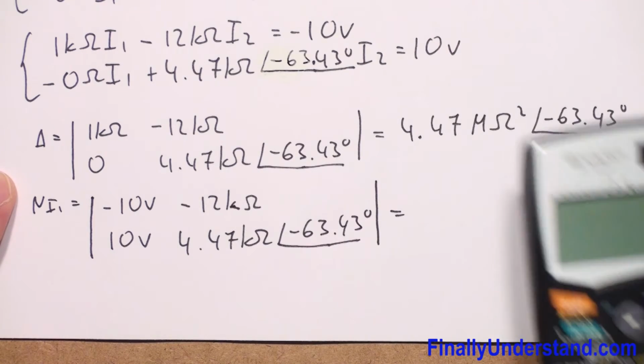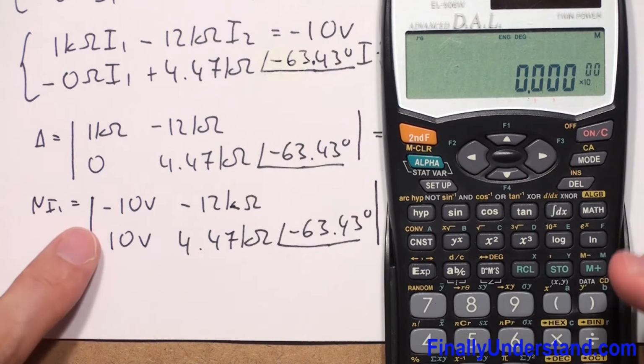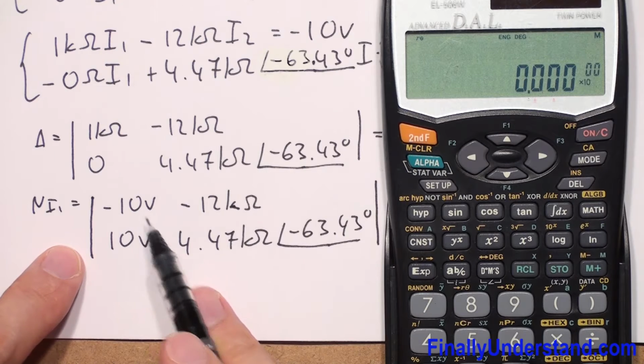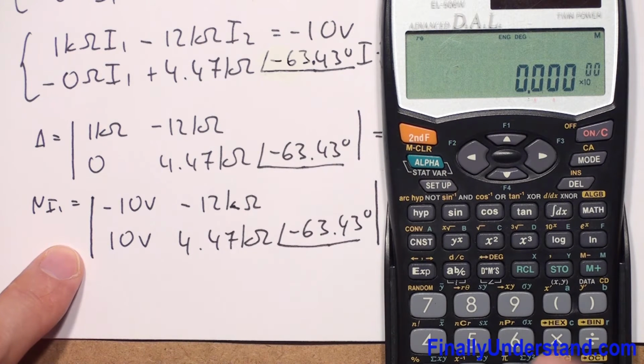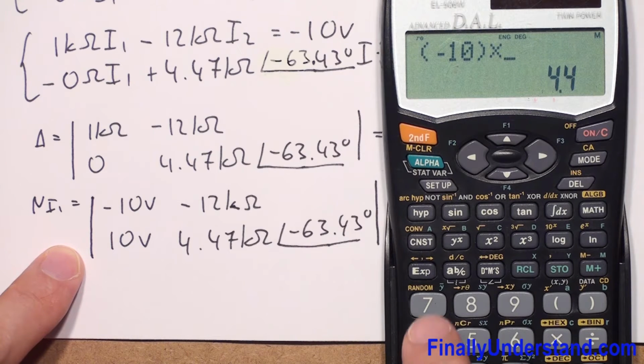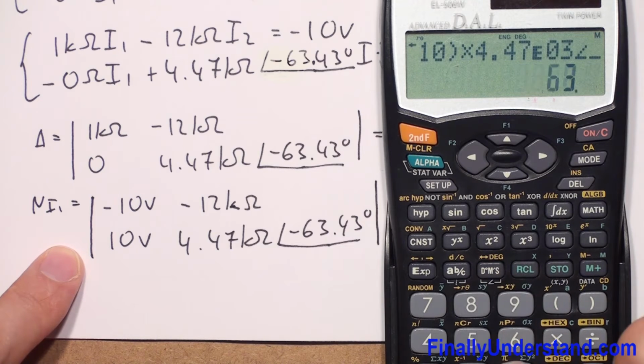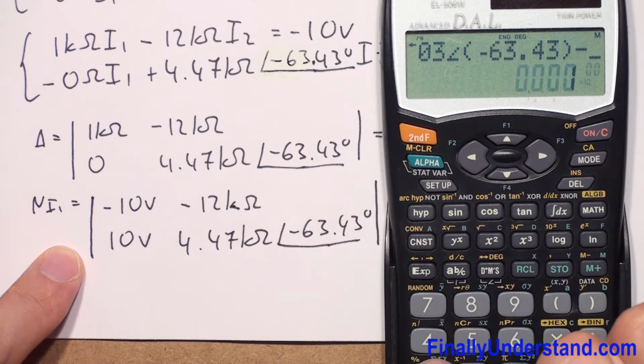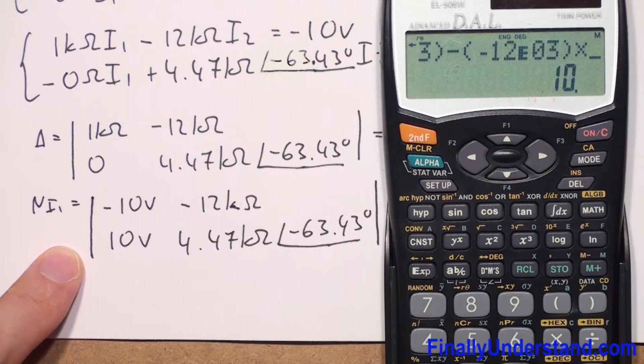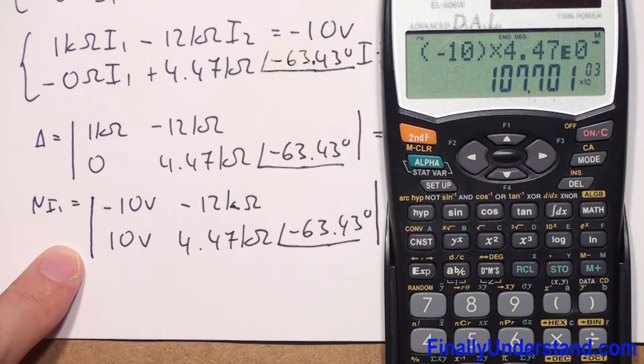This is equal. I'm going to use the calculator. I'm going to multiply this number by this minus this times that. So I have 10 negative times 4.47 exponent 3 and angle of negative 63.43, minus 12 negative exponent 3 times 10 equals 107.7.